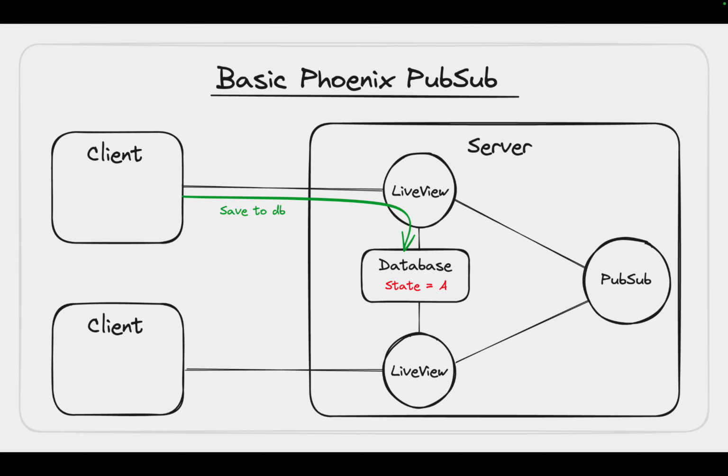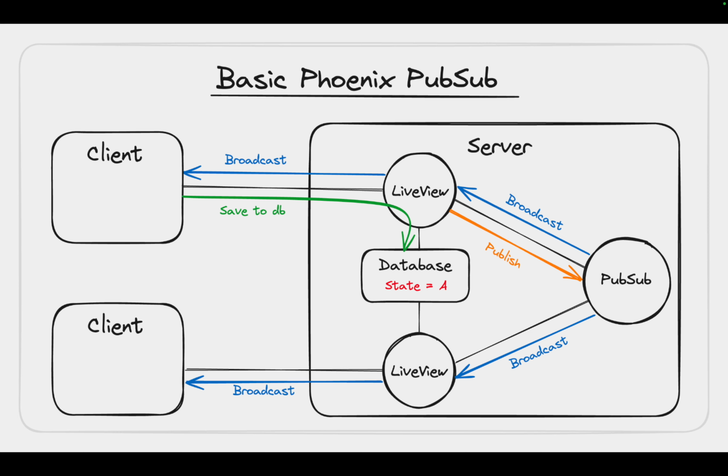So let's just say that now the state is equal to A. And then this new state is published to our PubSub system, and then the PubSub system will broadcast out this new state to every single LiveView. And then each LiveView will broadcast the state down to each client, and then the UI will be updated accordingly with the new state.